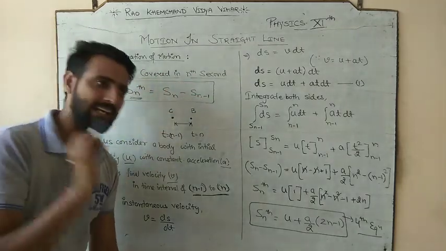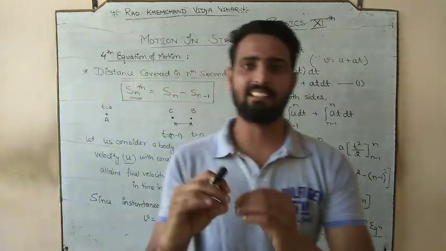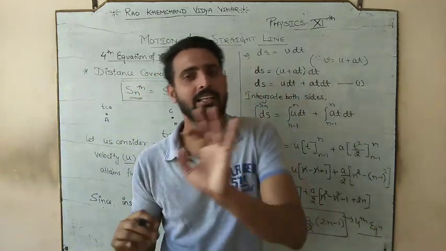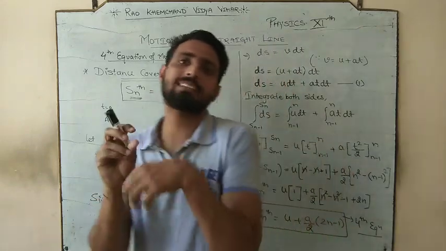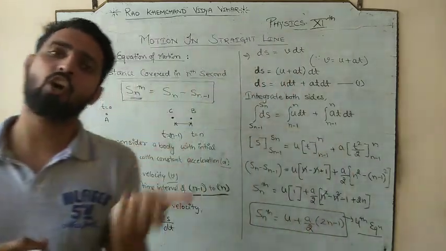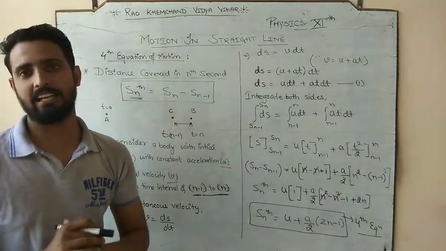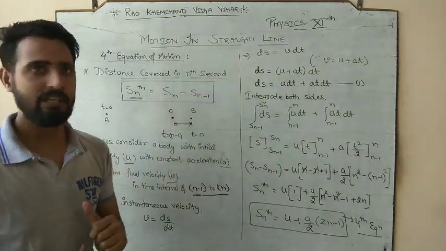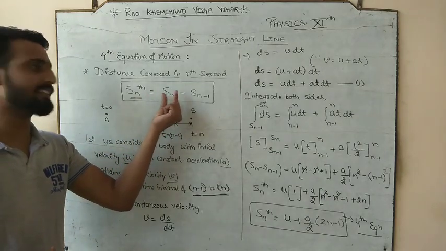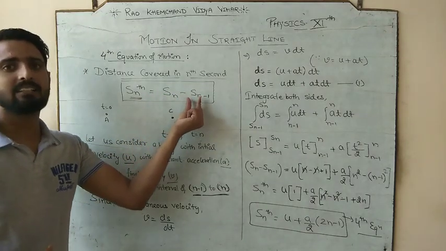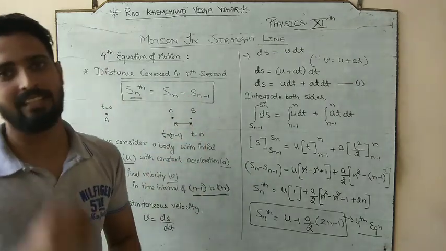Whenever the teacher is asking 8th, 4th, 5th, 10th, 11th, 12th, whenever you use a suffix, it means we are talking about that particular second only. It means what we are calculating? We are calculating the distance covered in that particular second minus the distance covered in the preceding second.